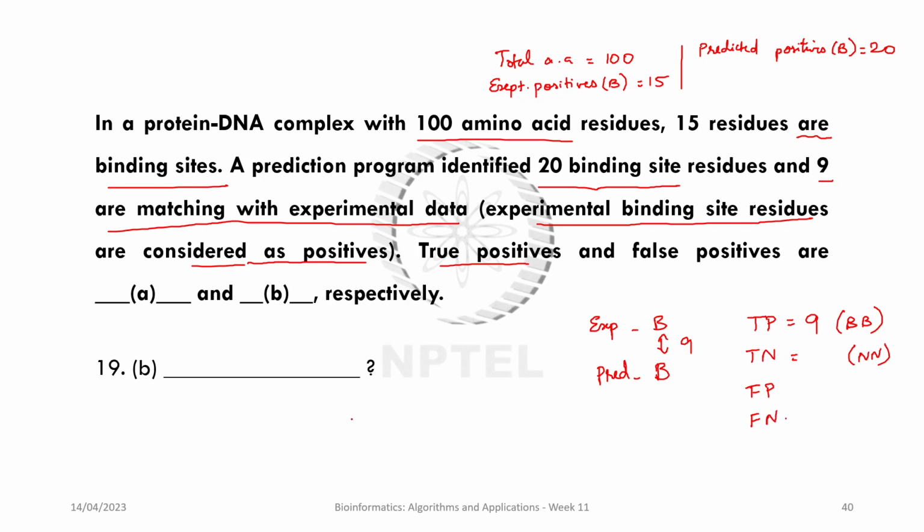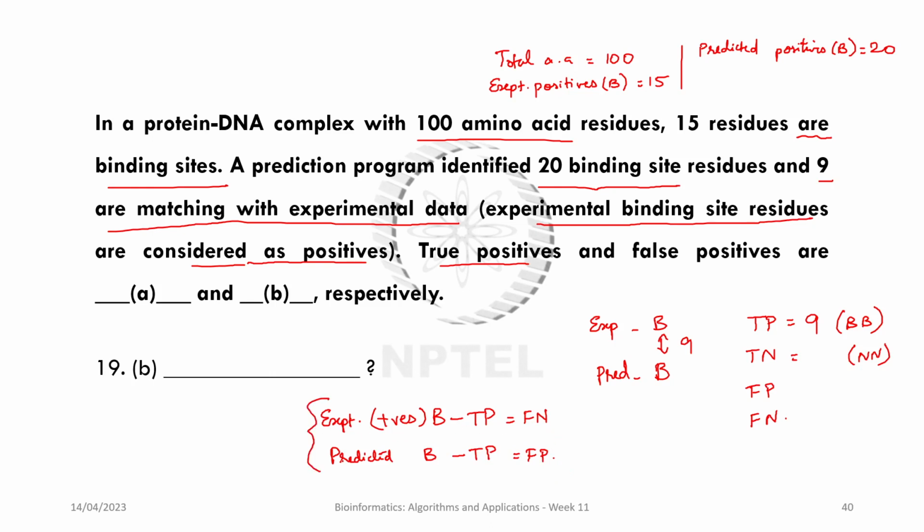So I want you to remember that experimental positives or P's minus true positive will give you false negative. Predicted B's minus true positive will give you false positive.